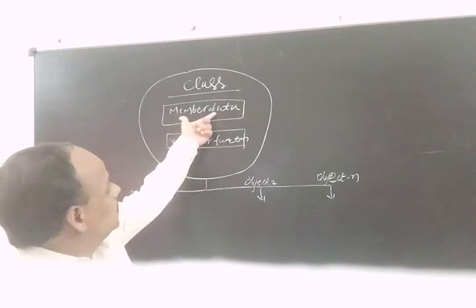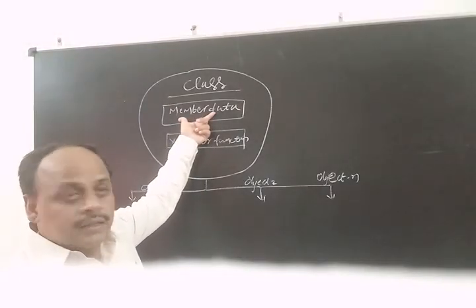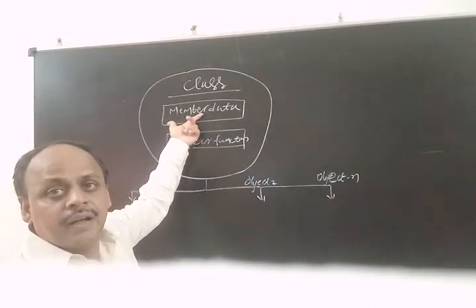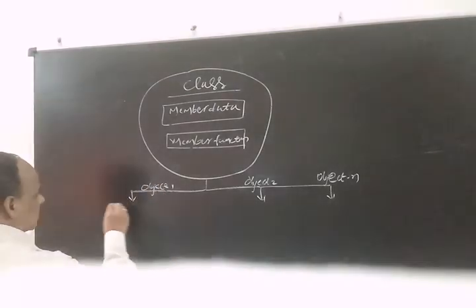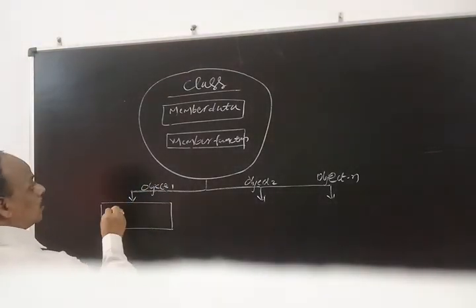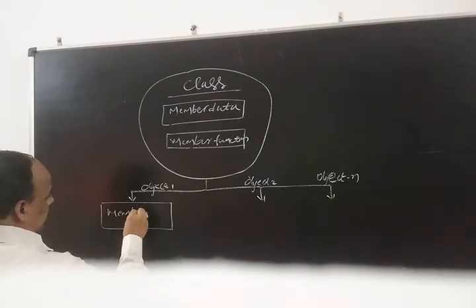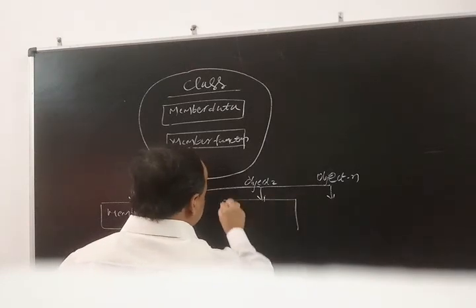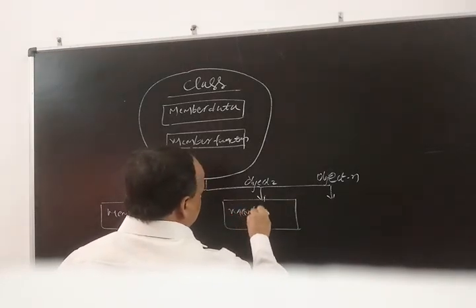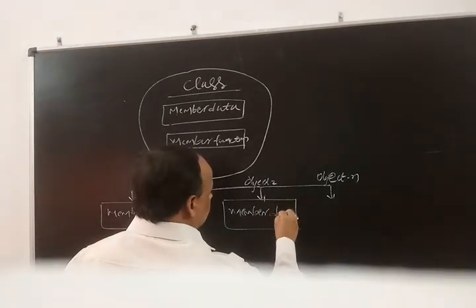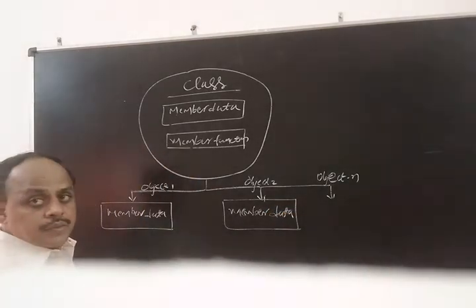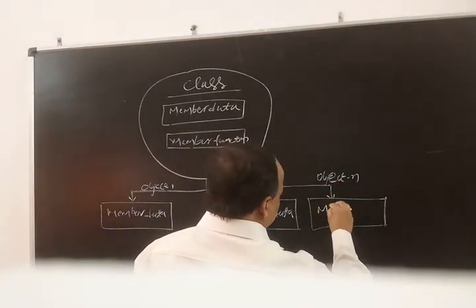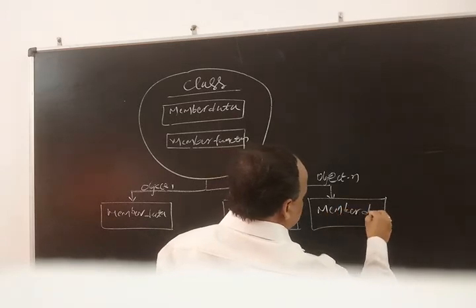But for member data, each object has its own copy of the member data of the class. That is, object 1 has a copy of member data, object 2 also has member data, and similarly object n also has member data.